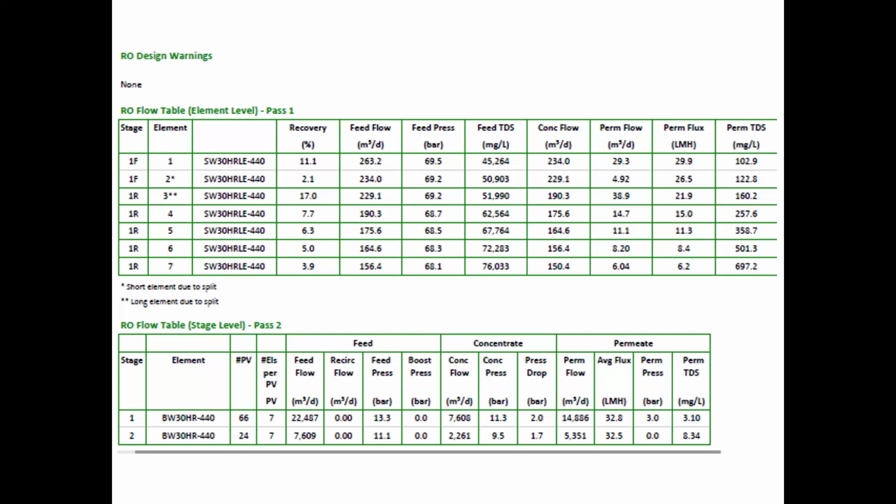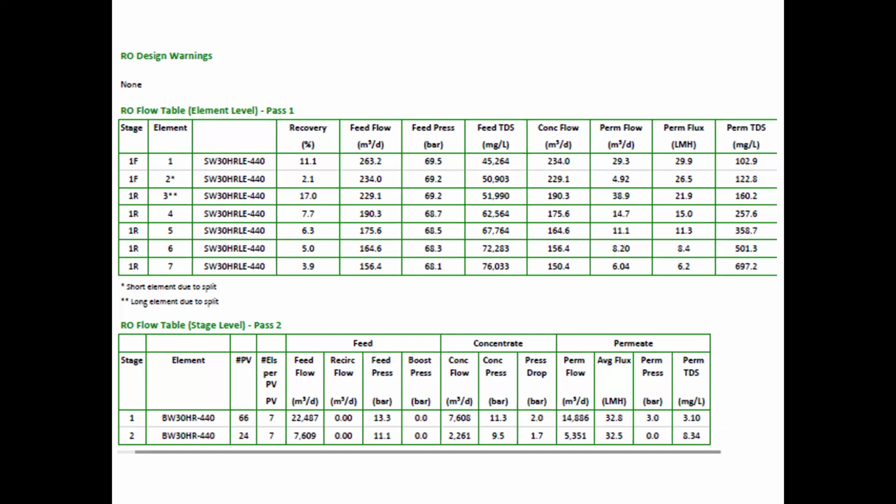If you have warnings, you go back again, change your design parameters, and make sure there is nothing here. For example, it shows your feed flow rate is too high, or your permeate flow is not balanced.